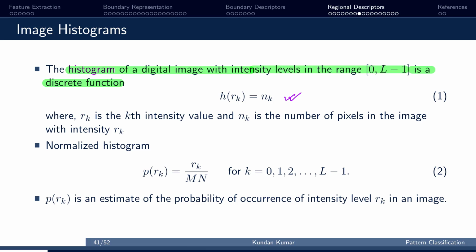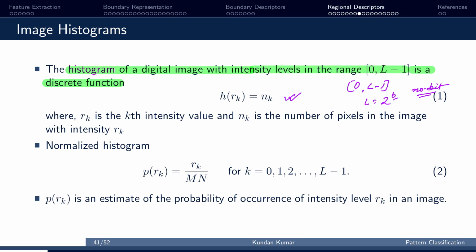Suppose we have a digital image with intensity levels in the range of 0 to L-1, and here L is defined as 2 to the power B, where B is the number of bits.